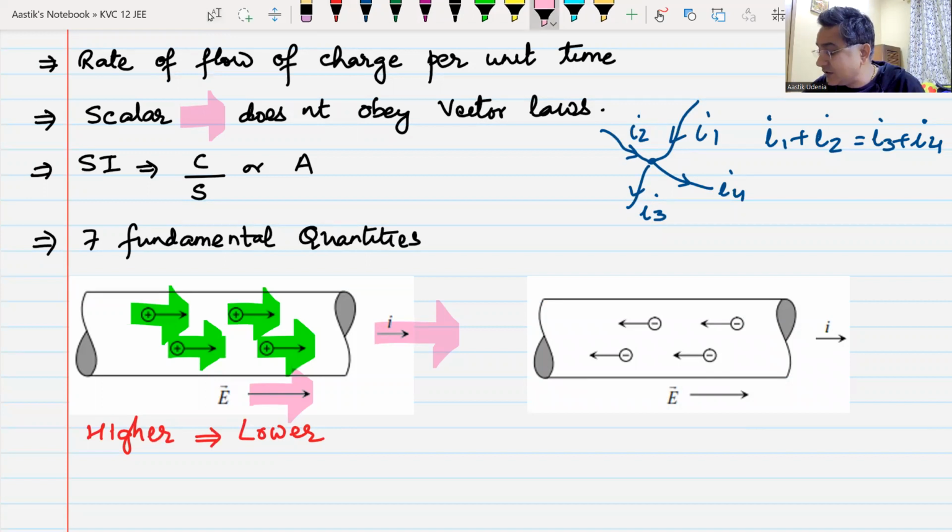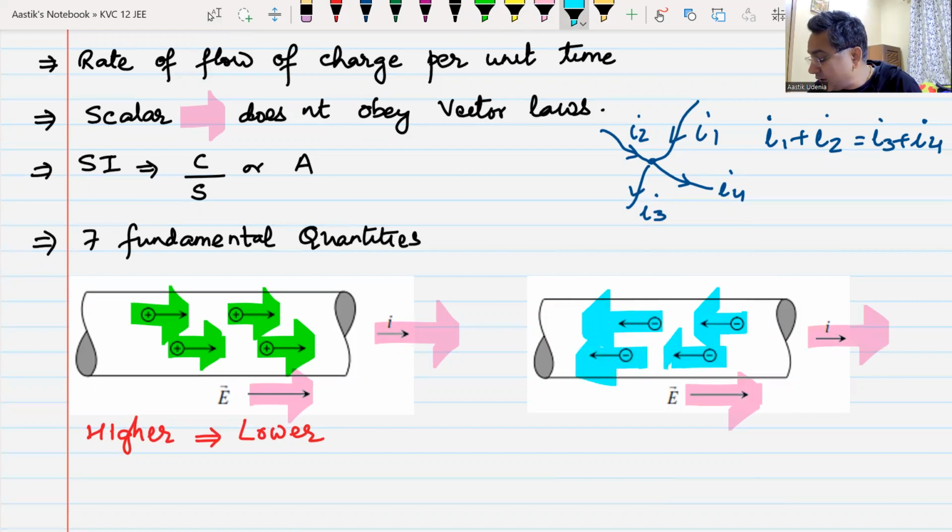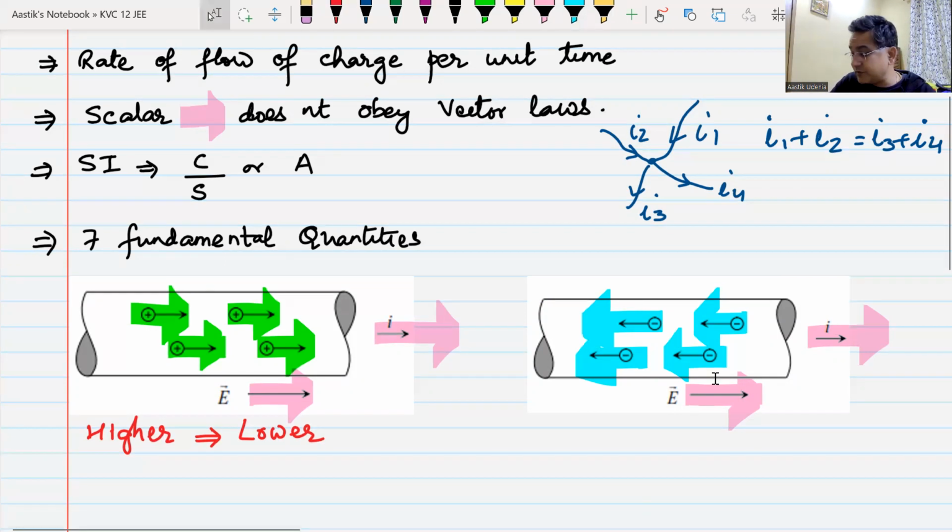As you can see here, the current is going like this, the electric field is directed like this, but our actual current carriers are moving in the opposite direction. So electrons basically flow from a point of lower potential to a point of higher potential. Do we understand this?